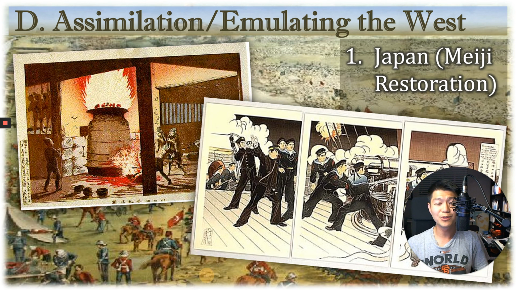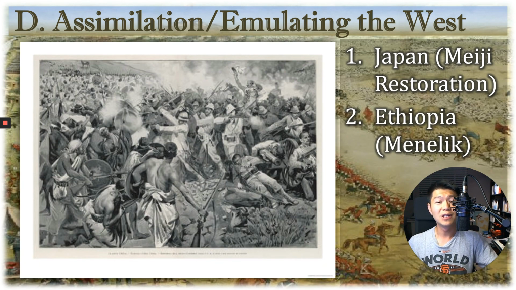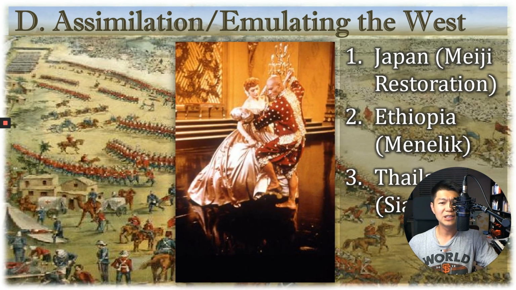And we see this in sub-Saharan Africa, in Ethiopia, in Menelik and his adaptation of Western technologies, military equipment, and styles of diplomacy, and the type of diplomacy that's utilized in Siam as well. And again, we'll take a look at these two particular instances in greater detail later on.